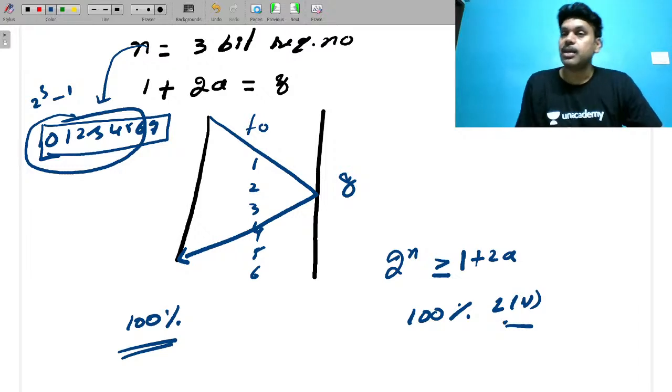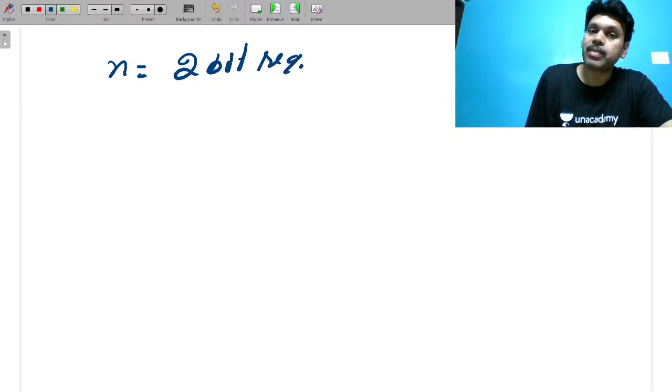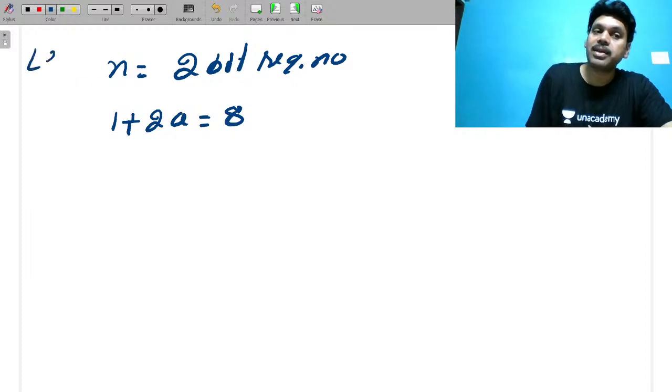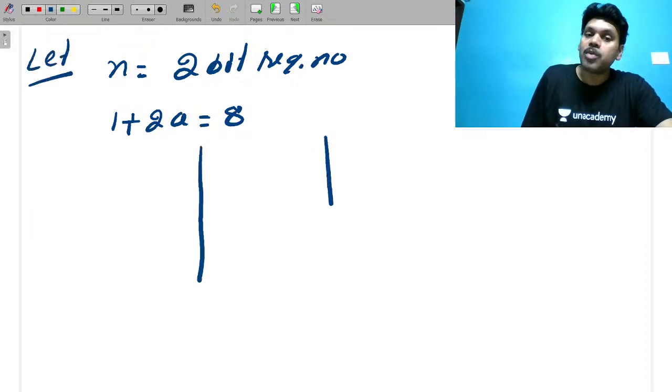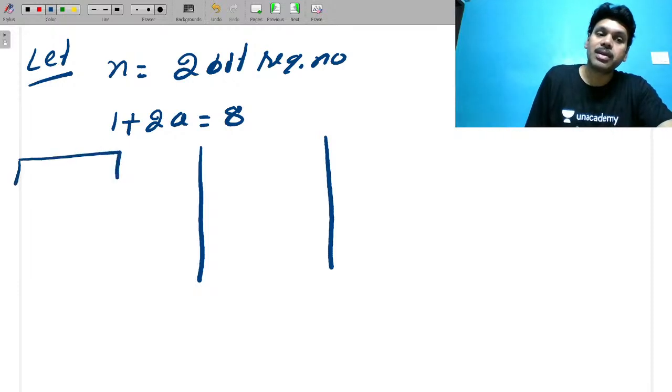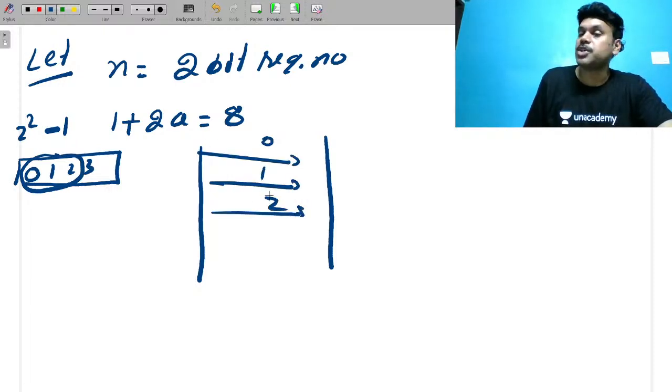If I say the reverse, n is restricted to a 2-bit sequence number, but my frame gets acknowledged only at 8. 1 plus 2a is 8. Now let us see what will happen. So how many can you send, my dear friends? 2 power 2 minus 1, which is nothing but 0, 1, 2, I can push. 0 is pushed, 1 is pushed, 2 is pushed.